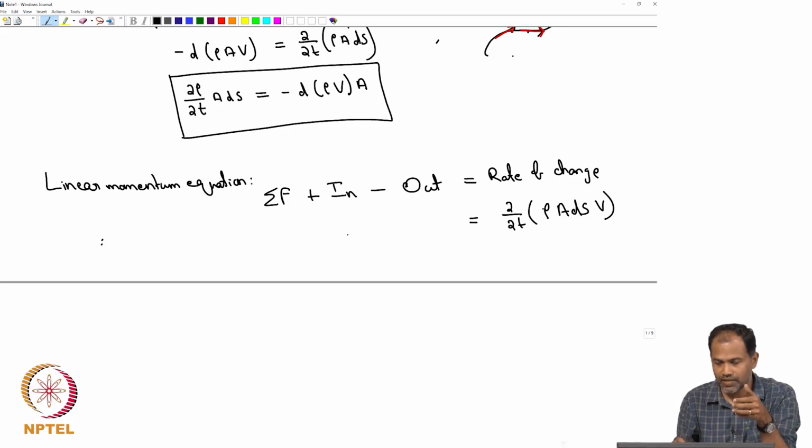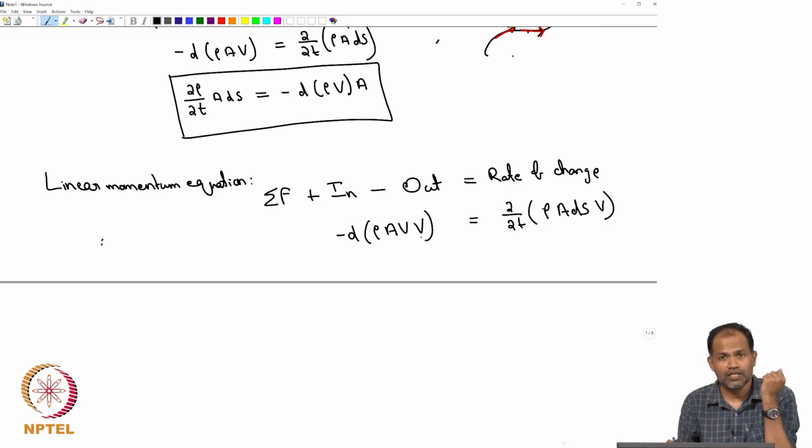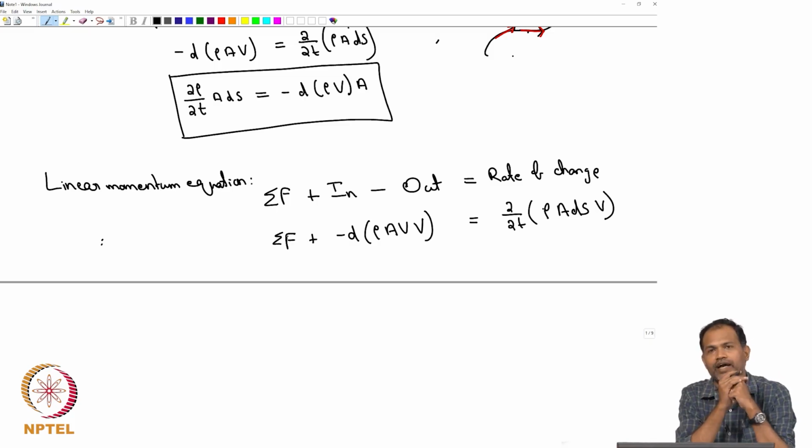So, just like the mass conservation, we can write it as minus d of rho into A into V, which is the mass flow rate, times V, which is the momentum flow rate, plus the sum of all the forces acting in the system.